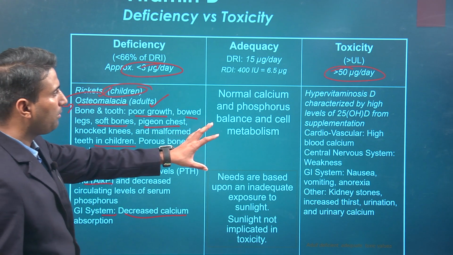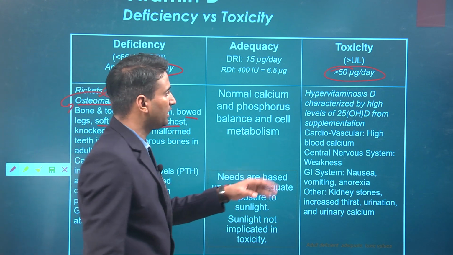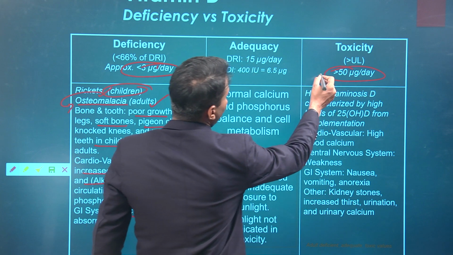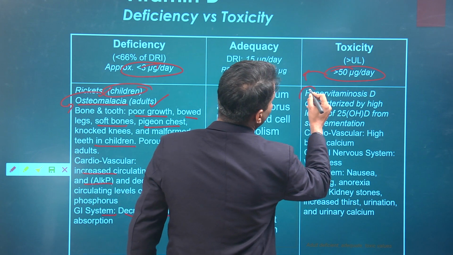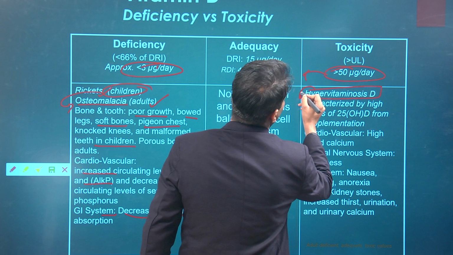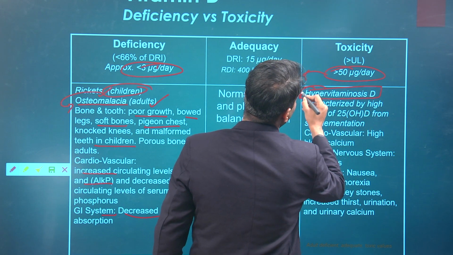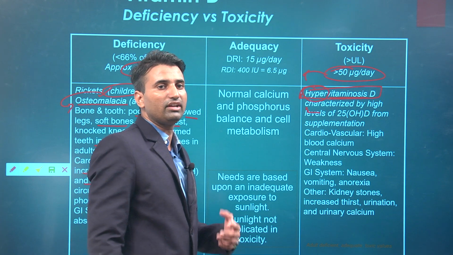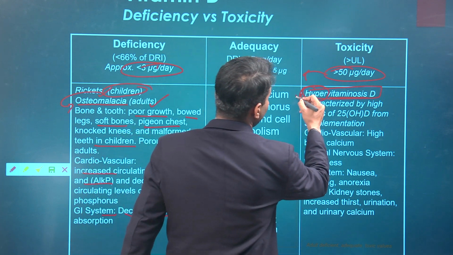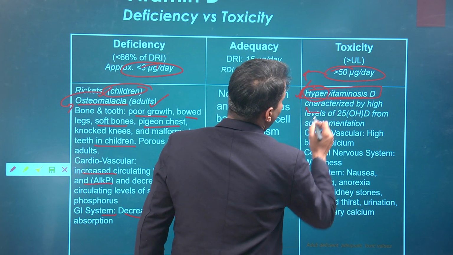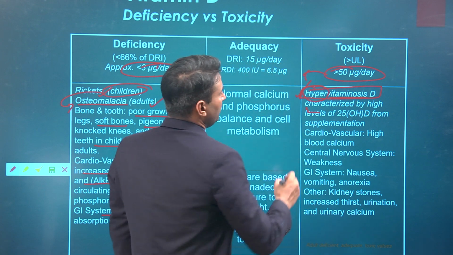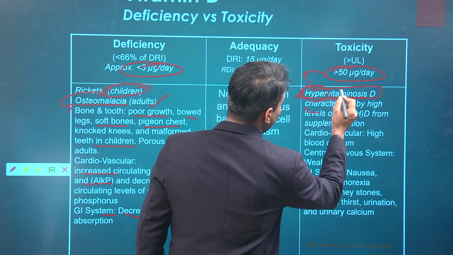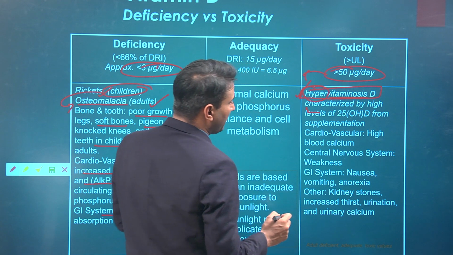Now let's talk about toxicity, because that is very important. Whenever there is toxicity, it is known as hypervitaminosis D. Hyper means high, and vitaminosis D means excess of vitamin D. So that toxicity is known by the term hypervitaminosis D, and its level is what I have mentioned, 50 microgram a day.